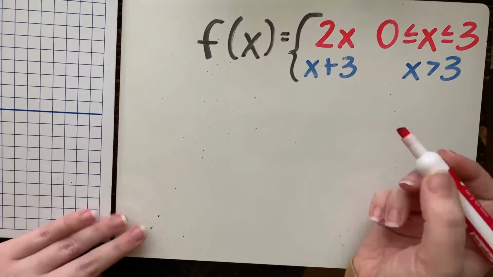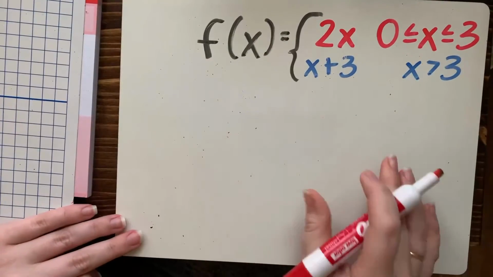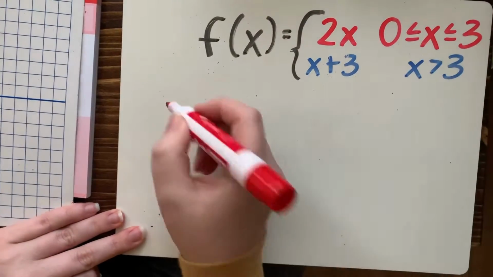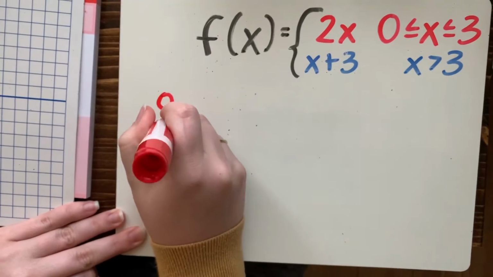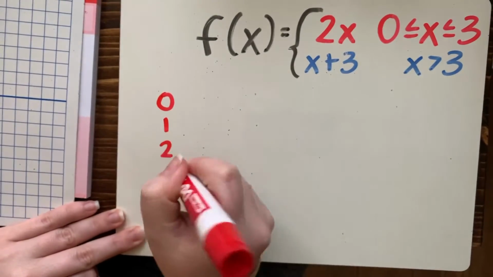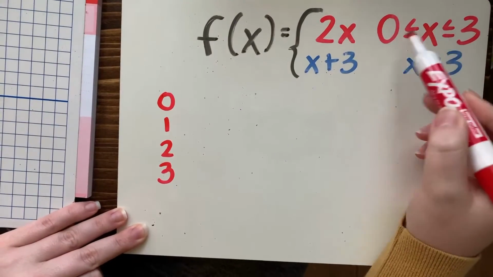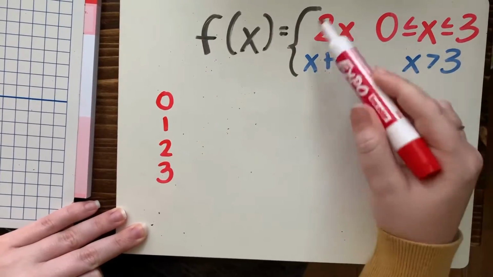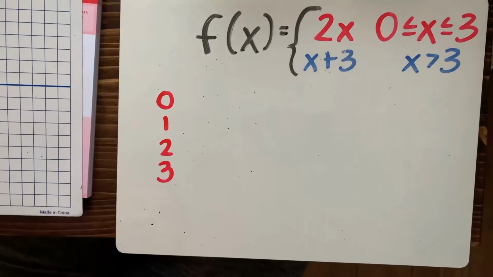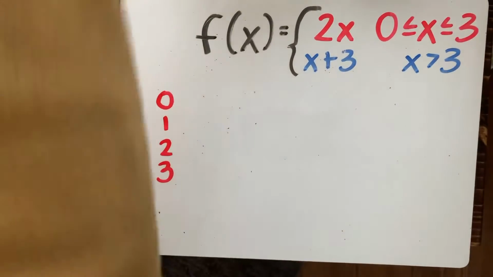So first, something that I can think about is just what are my inputs? So my first ones are going to be 0, 1, 2, and 3. I'm going to put those in red to remind myself that those are using the red part of our function. Then I'm going to think about numbers greater than 3.